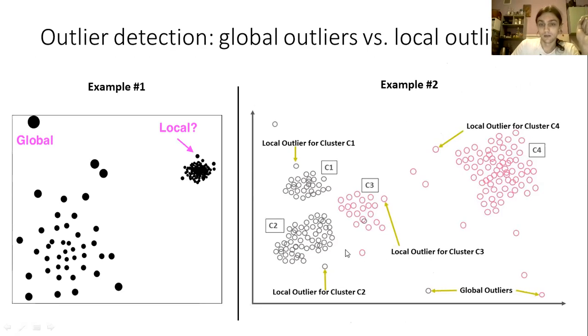And we can see that for cluster C2, these points are local outliers. And this distance is less than this distance, which means the degree of being an outlier of this point is greater than this point.